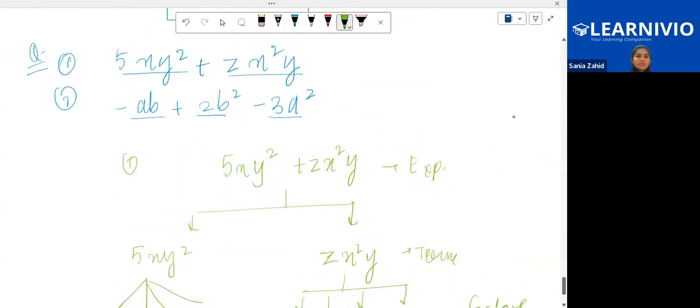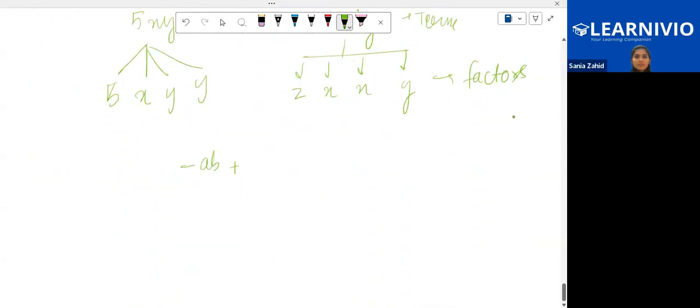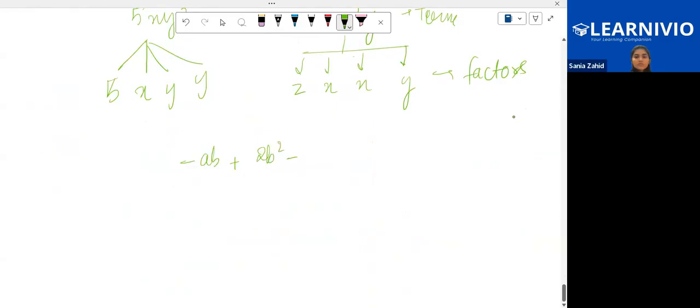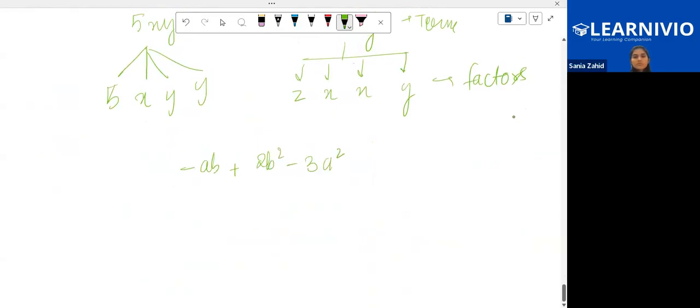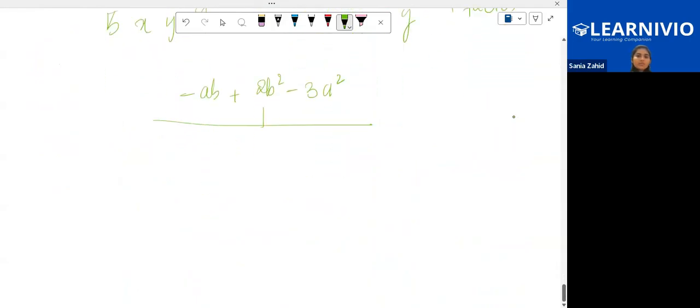Similarly for the second one, it is minus AB, then 2b square and 3a square. So what are the terms? Terms are minus AB, then 2b square, then minus 3a square.